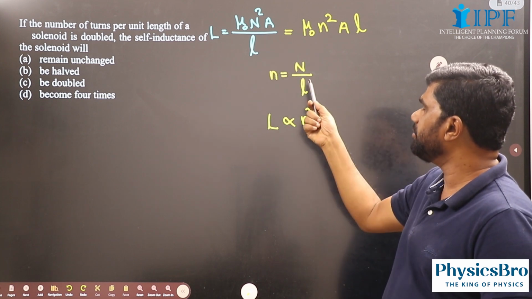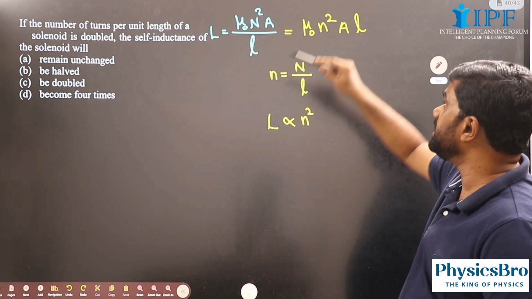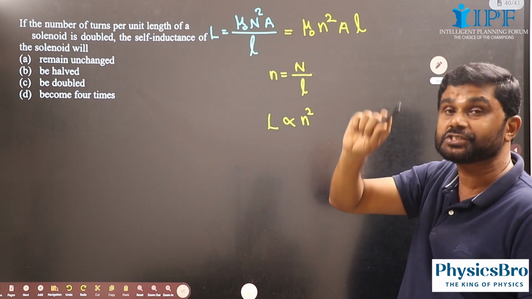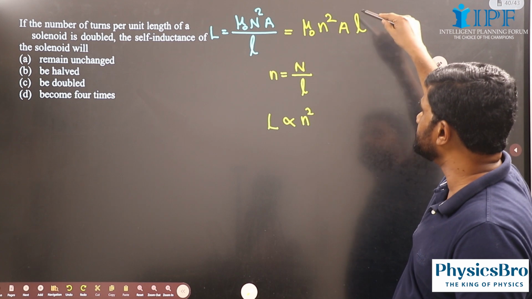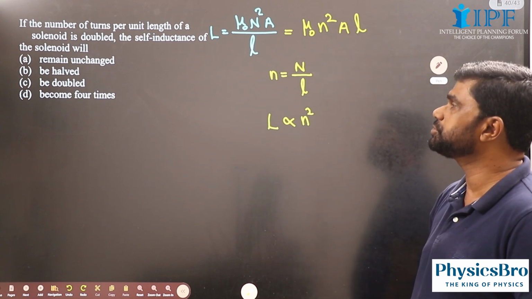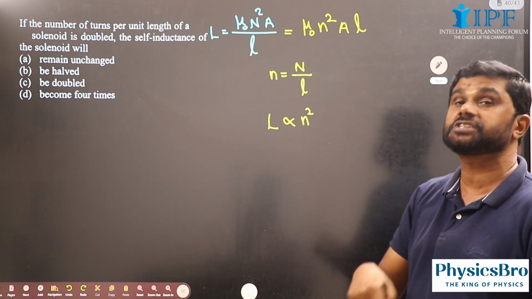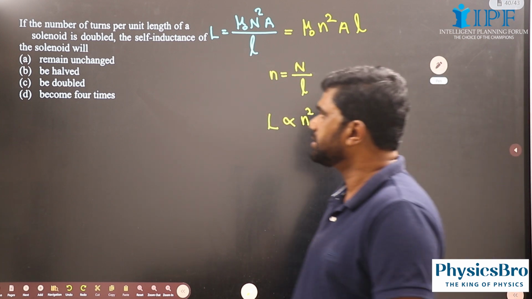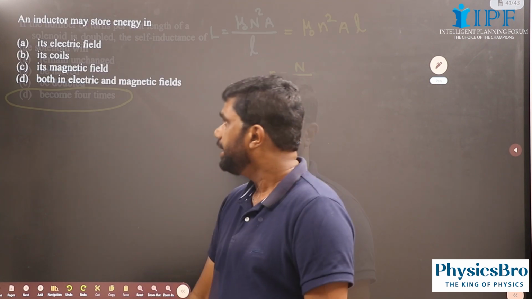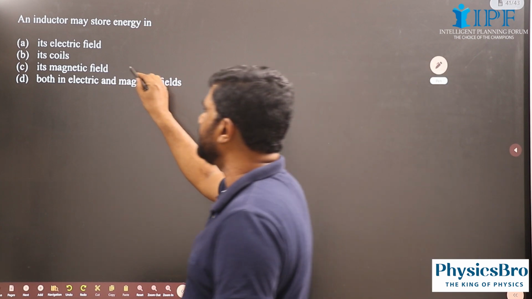So capital N will be small n small l. Capital N square will be small n square small l square. So self-inductance is small n square small l into area. So self-inductance is directly proportional to small n square. If the number of turns per unit length of the solenoid is doubled, then the self-inductance will become 4 times.